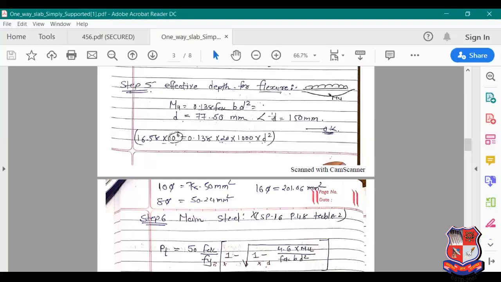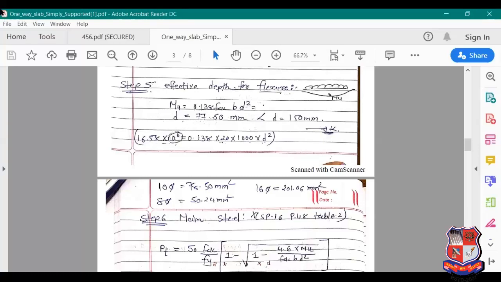The depth required is this, and the depth provided is this one. How much depth are we using? It is 150 mm, and the requirement is 77.5 mm.